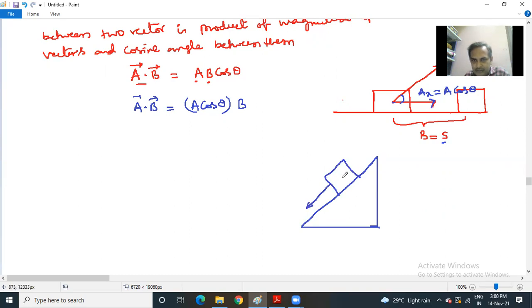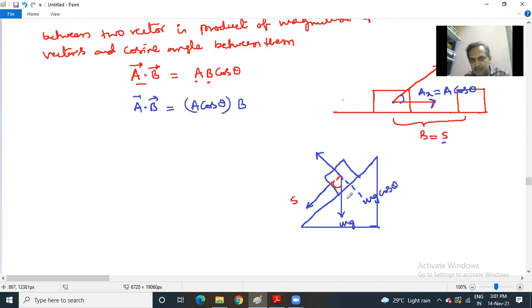When the body moves on an inclined plane, there will be a normal reaction. The weight acts vertically downwards. Then this will be the component of mg, mg cos theta. Now this is mg. If you give the angle here, this is the direction of displacement.